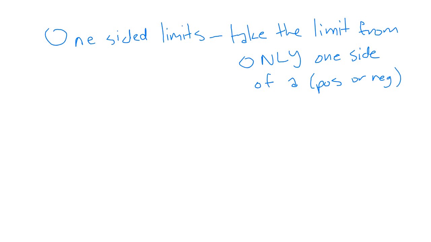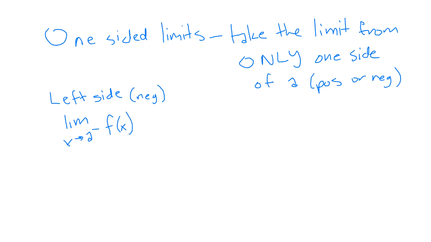So essentially, our notation for one-sided limits is as follows. We have our left side, which is usually our negative side, and that is written as the limit as x approaches a from the negative side of f of x.